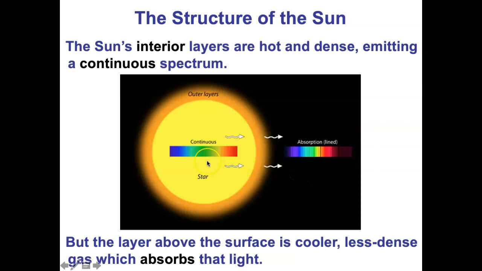The dense core of the star is giving you a continuous spectrum. The outer layers absorb some of that light, and so what we see here on Earth is all the colors of the rainbow, except for those specific lines, those specific wavelengths that got absorbed by the outer envelope of the star.